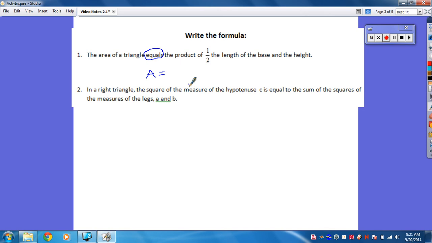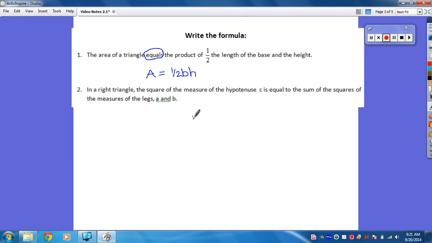Okay, and that's going to be equal to the product of 1/2 the length of the base and the height. So 1/2 the length of the base is going to be 1/2 times the length of the base. I'm going to use B. Okay, and it's the product of this and the height, so I'm also going to multiply by the height.